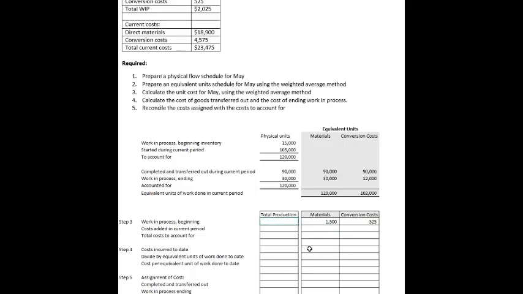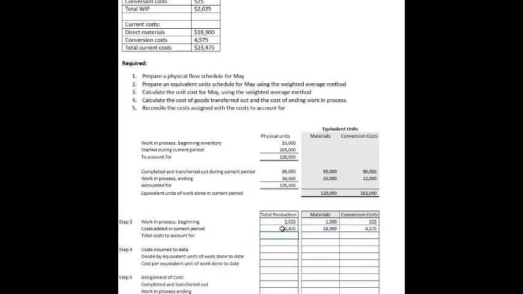So the total production costs that were sitting in work in process were $2,025, and we added during the period $18,900 in materials and $45.75 in conversion costs. So the total production costs added in the month are those two numbers added together.